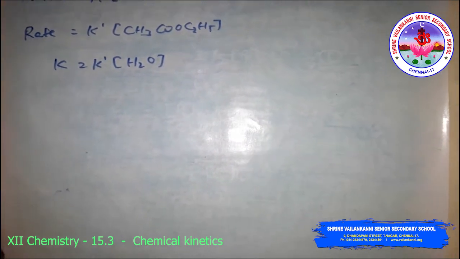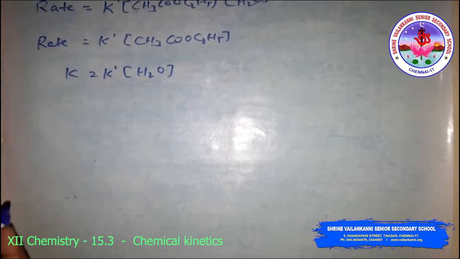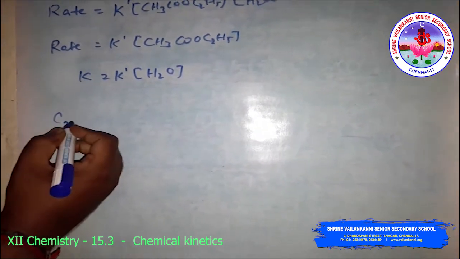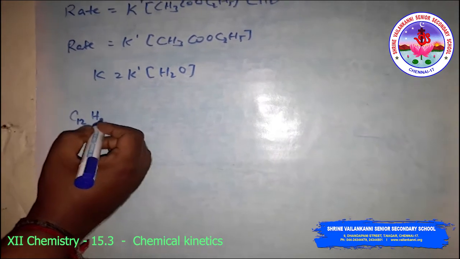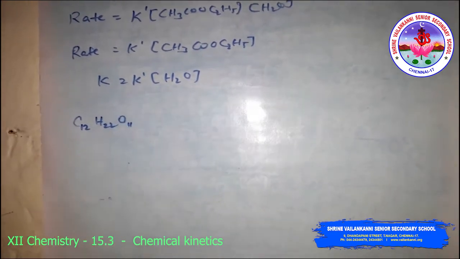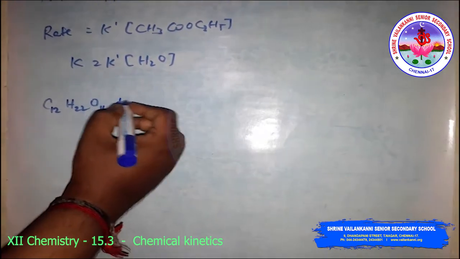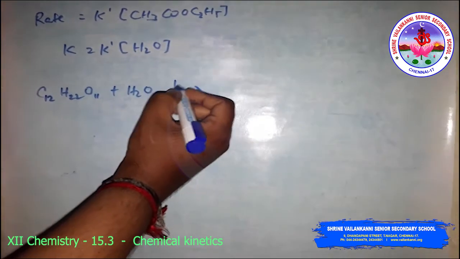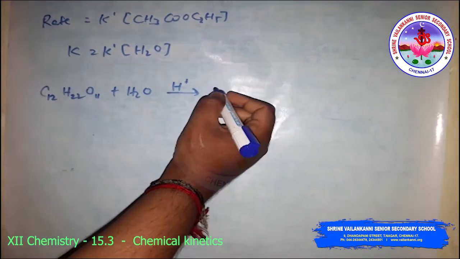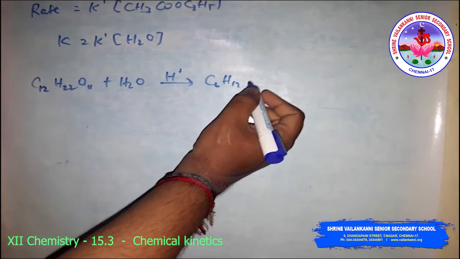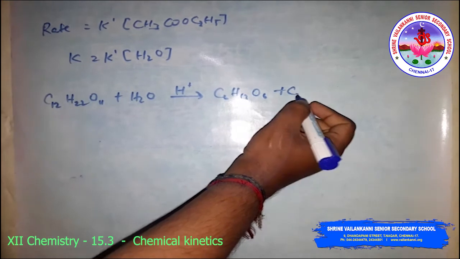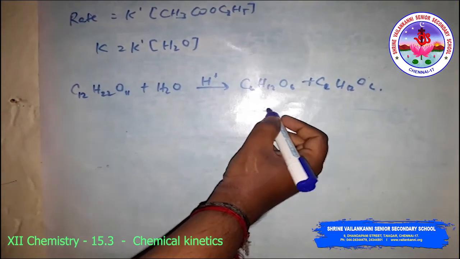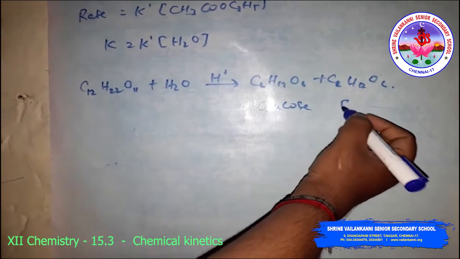An example is the inversion of cane sugar, which is a pseudo first order reaction. C12H22O11, cane sugar, reacts with water, that is on hydrolysis, to give glucose and fructose, C6H12O6 and C6H12O6.